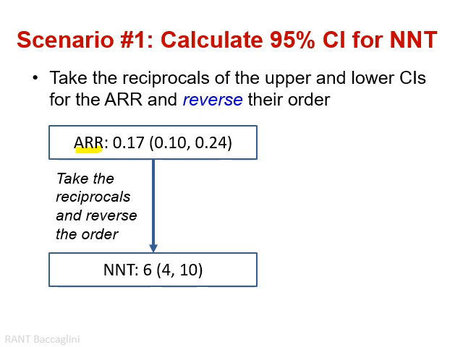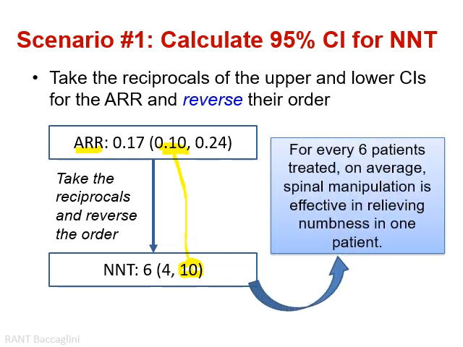So for example, the lower confidence limit is 0.10. We invert it, and then we use that as the upper limit, so that it will become 10. And so the number needed to treat is 6, with a confidence interval ranging from 4 to 10.